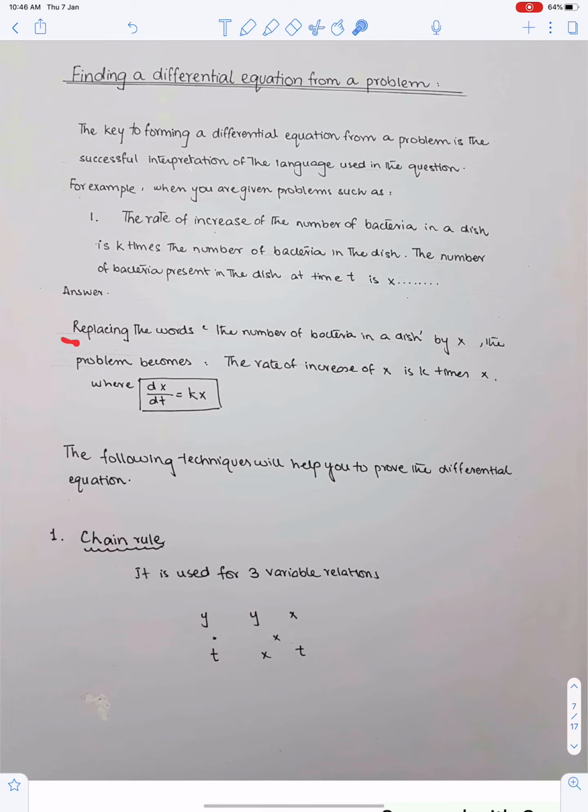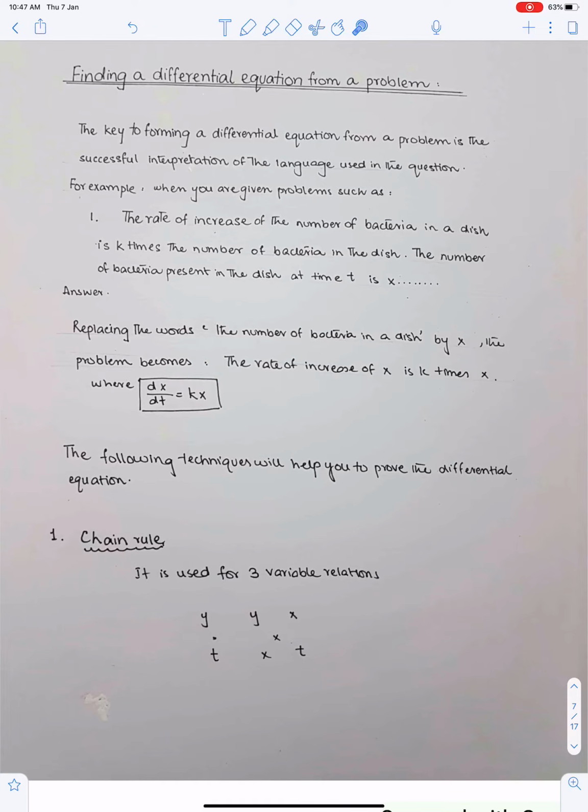Replacing the words the number of bacteria in a dish by x, the problem becomes the rate of increase of x is k times x. Therefore, dx upon dt is kx. The rate of increase of x means dx upon dt, is k times x means is equal to kx.